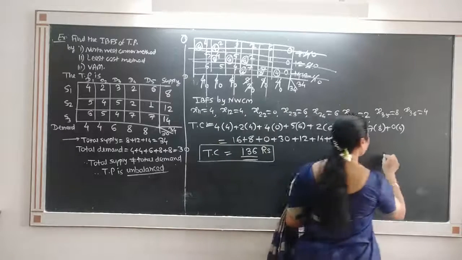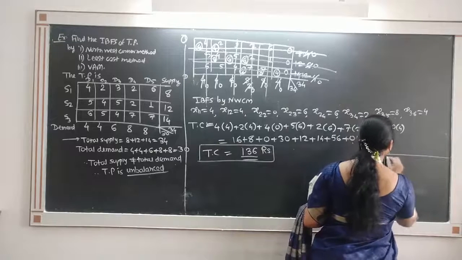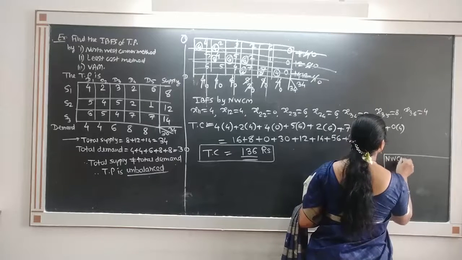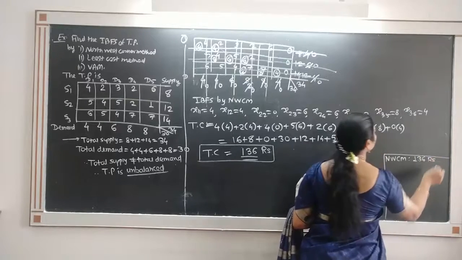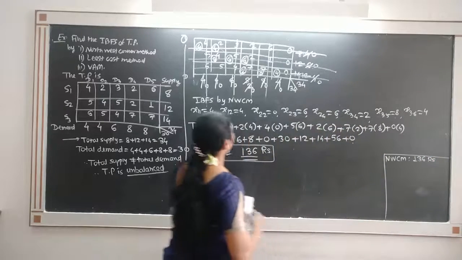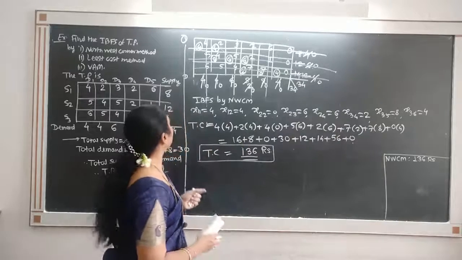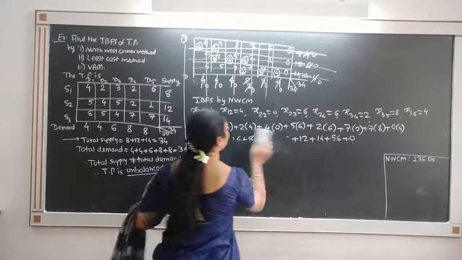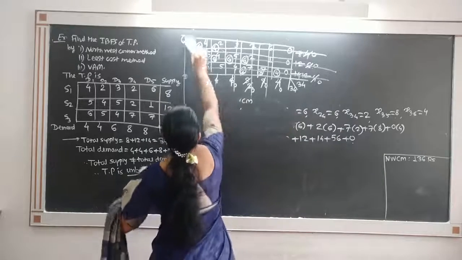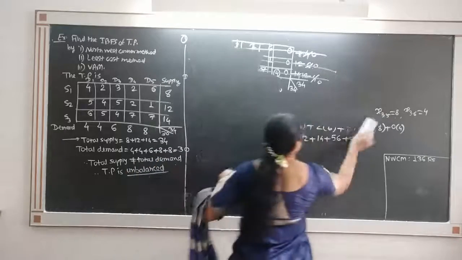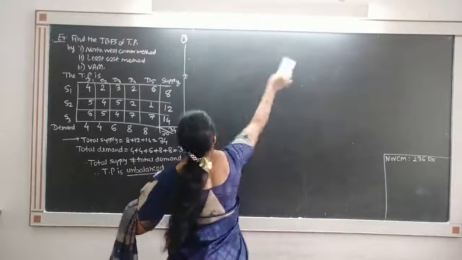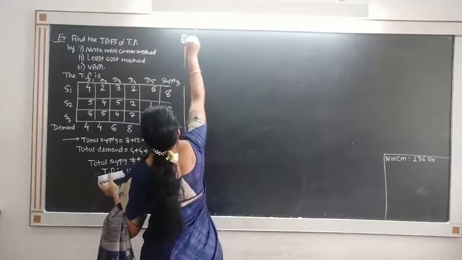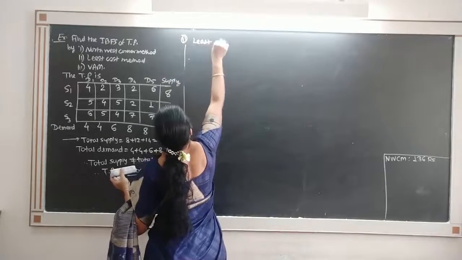So see, I will write this down here for comparison. By northwest corner method, the cost comes to be 136 rupees. Now consider the second method, that is least cost method. So the second method is least cost method.